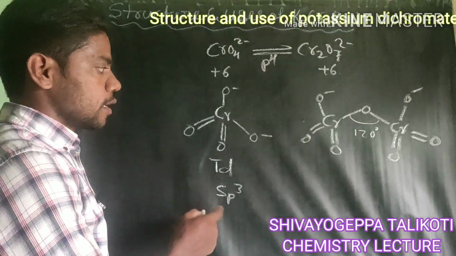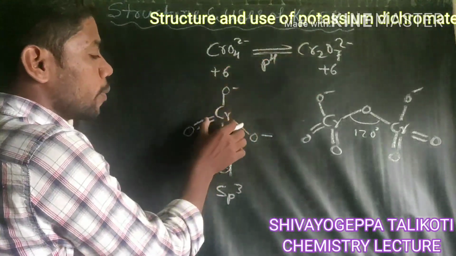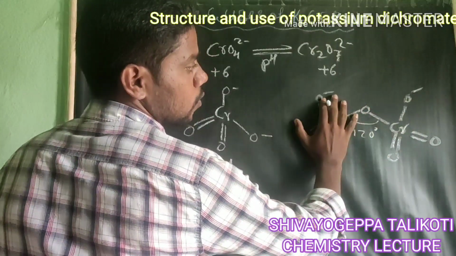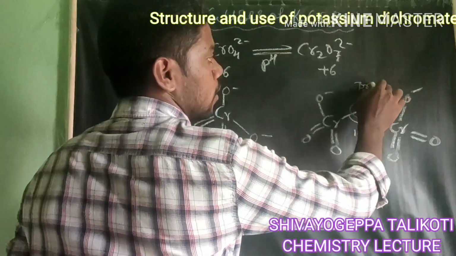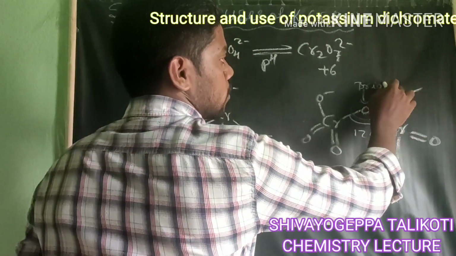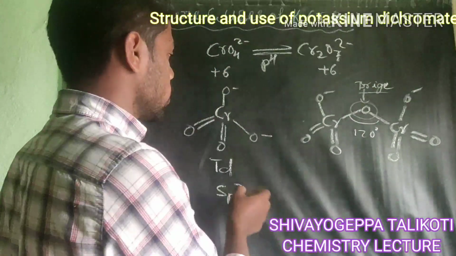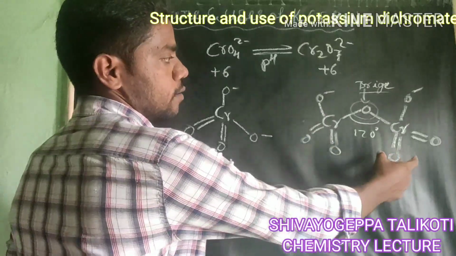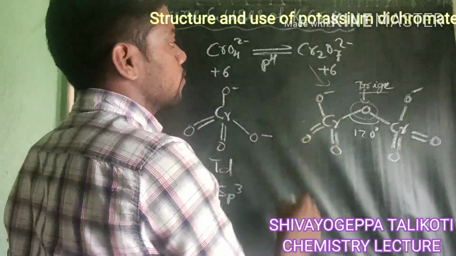You see here, this is the tetrahedral shape molecule, sp3 hybridized, and one chromate ion is here. One chromate ion combines with one more chromate ion with an oxygen bridge. This is the oxygen bridge between the chromate and chromate ions. Therefore, two tetrahedral chromate molecules join to form the dichromate structure.